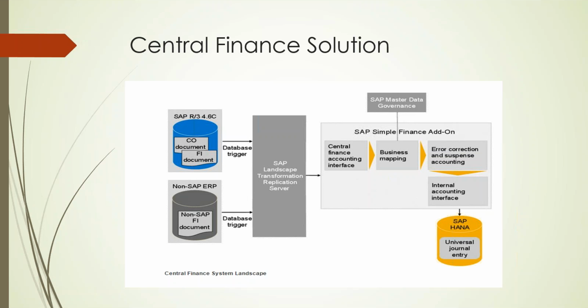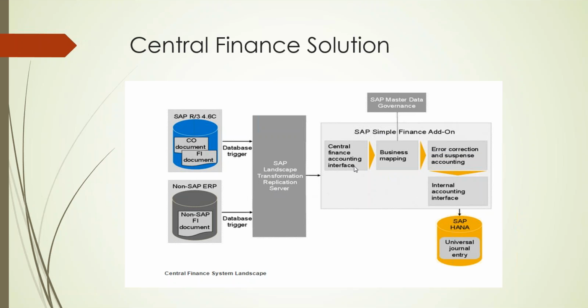And what it will do is take the data from each and every server, and you can do the reporting in your central server. So you can see here, this is my SAP R3 system. This is my non-SAP system. So everything is transported through this SAP Landscape Transformation Replication Server to the SAP Simple Finance add-on.